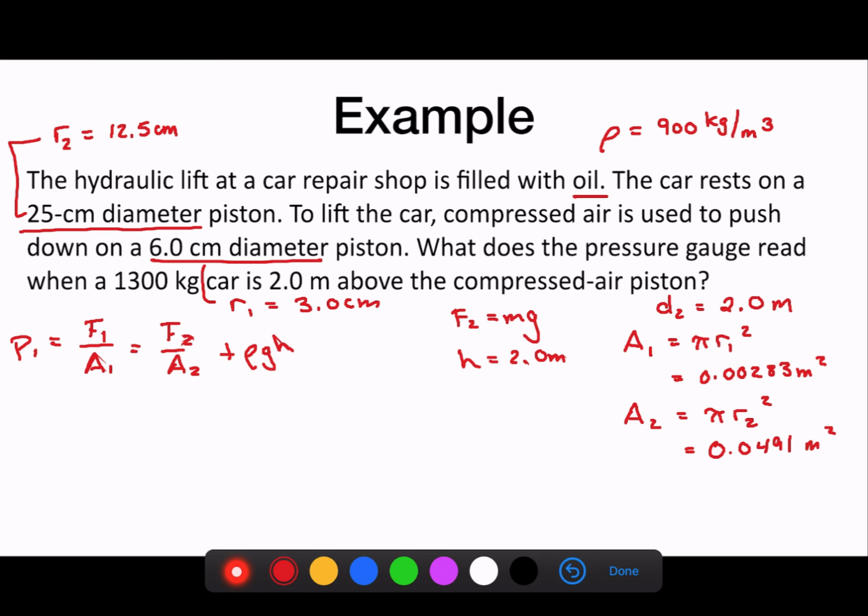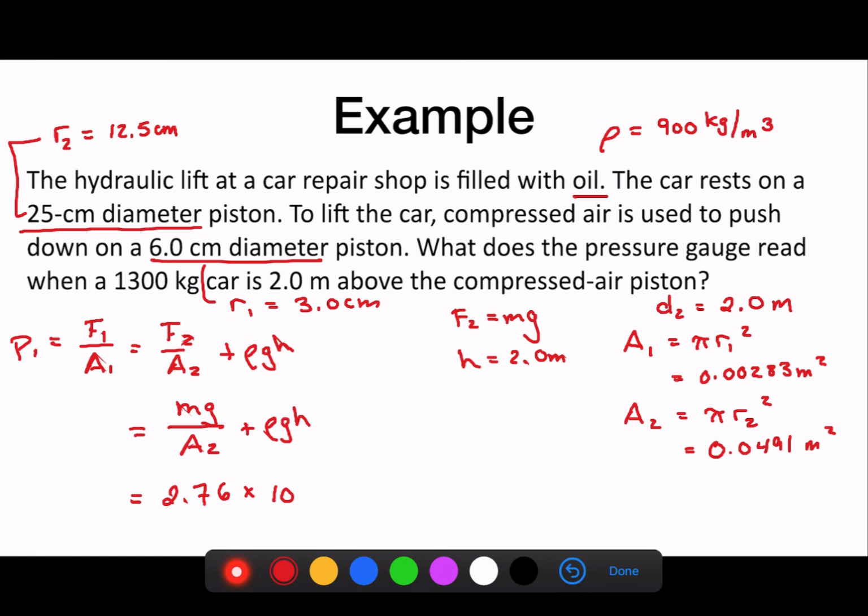And that's going to equal the same pressure at point 2, which is F2 over A2 plus rho g h, where h is that height of the liquid. So we said before that F2 is just the force of our car, so that's mg. We'll plug that in for F2 and rewrite our equation. And at this point, we have all the numbers we need to calculate this.